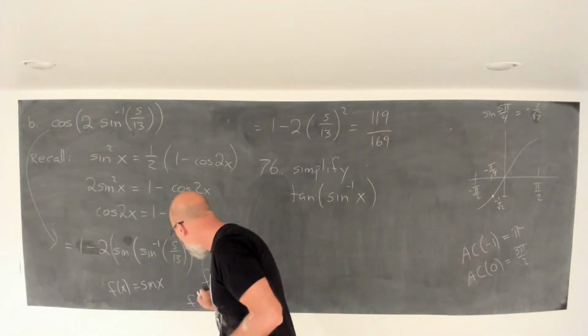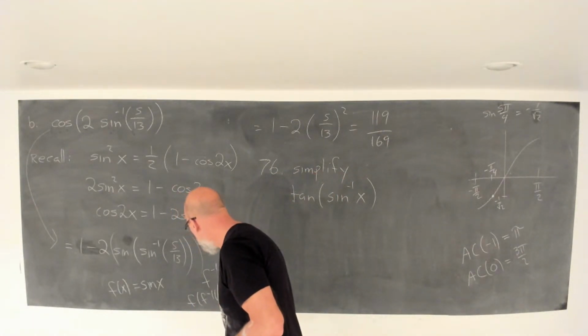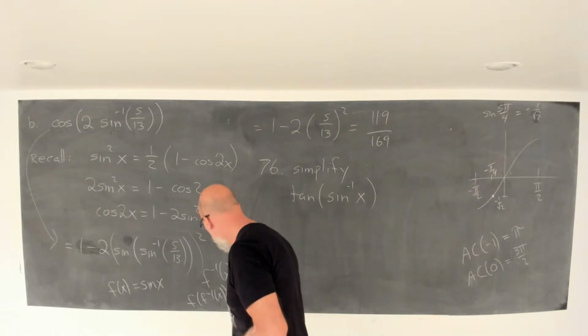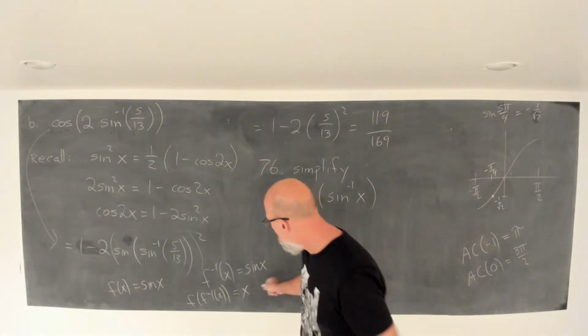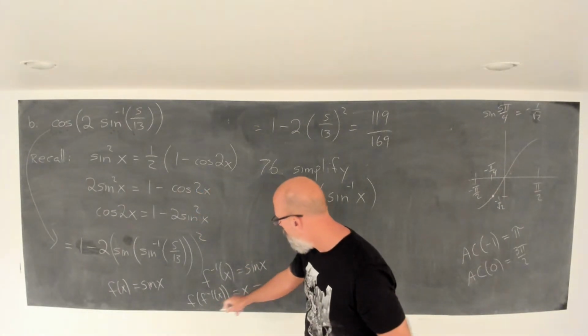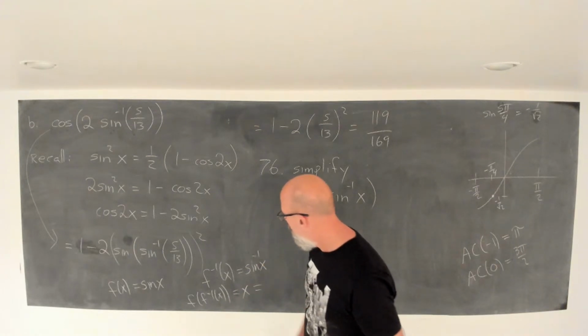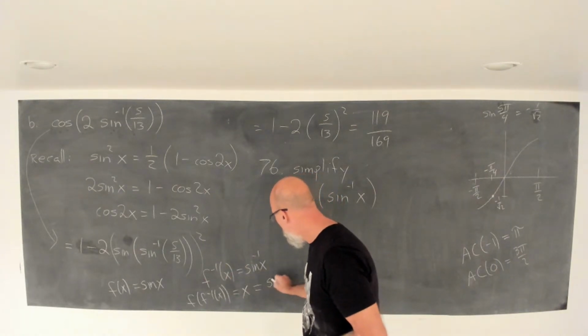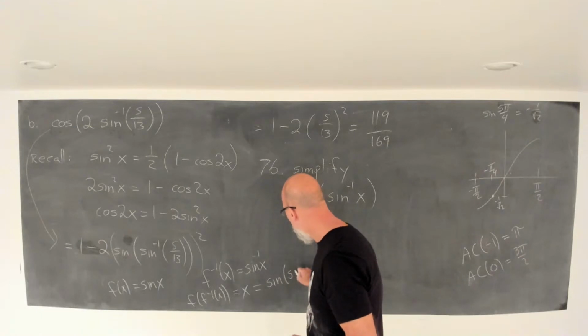So f of f inverse is equal to x, but that is exactly sine of sine inverse.